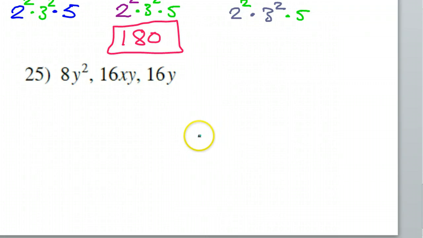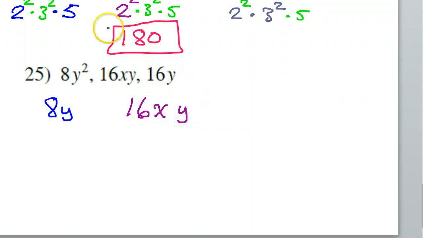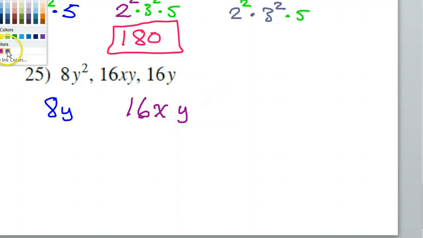Last one. We will not need prime factorization for this. We can do this mentally. We've got 8y, and we've got 16xy, and then we've got 16y.